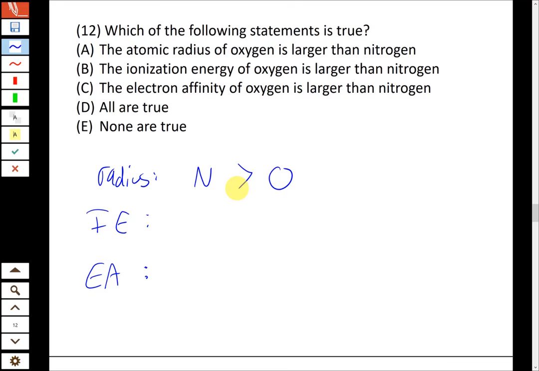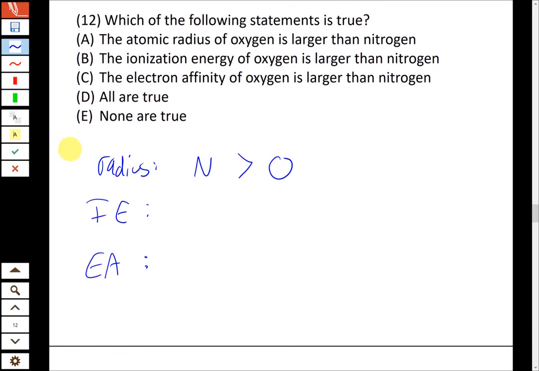In terms of ionization energy and electron affinity, here's where we have to worry about a couple of exceptions. All right. So for ionization energy, as we go through the different group numbers, this is not nearly big enough. Let's just do it for the p block. Let's just do 3, 4, 5, 6, 7.